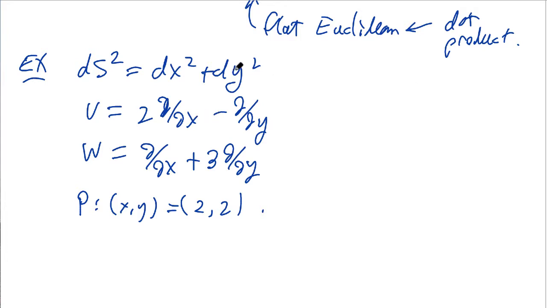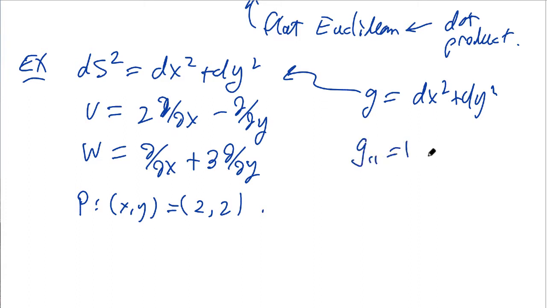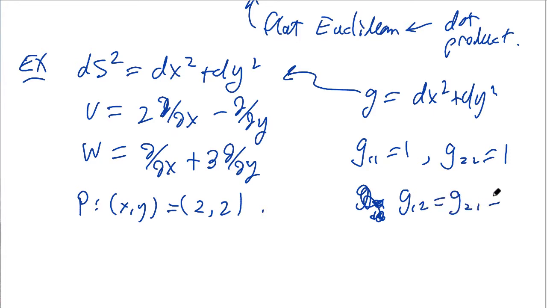Well, thinking of this line element as a metric, this is dx squared plus dy squared. So the coefficients here, the components, are just g11 is equal to 1, g22 is equal to 1. So those are the coefficients of dx squared and dy squared. And there are no cross terms here, so g12 and g21 are both 0.